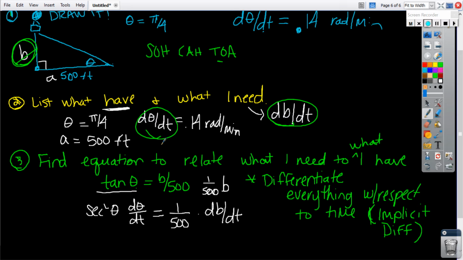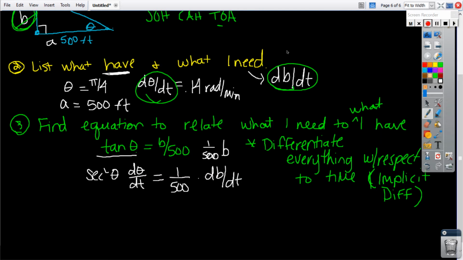Now the whole thing has been differentiated. What I want to do now is plug in what I have and solve for what I need.